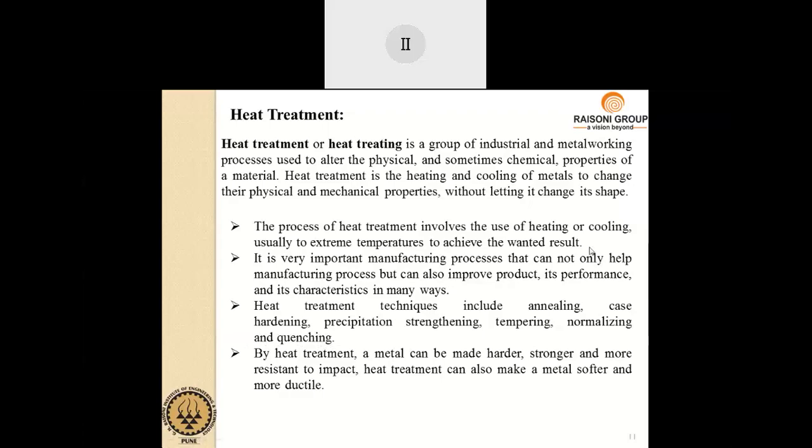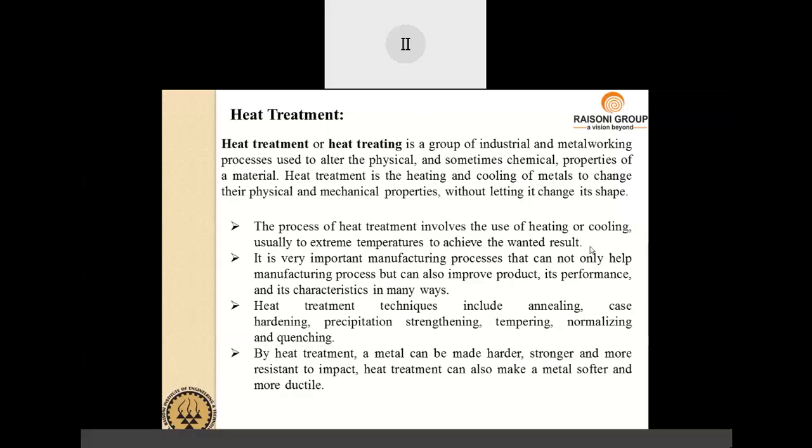So depending on the property of the final product we require, we can achieve that final property with the selection of a proper heat treatment procedure. So this is how the structure of a material is altered by the heat treatment process, and that new structure gives rise to new or improved mechanical properties.